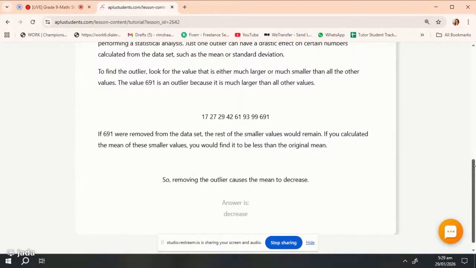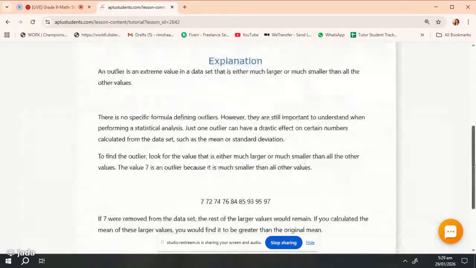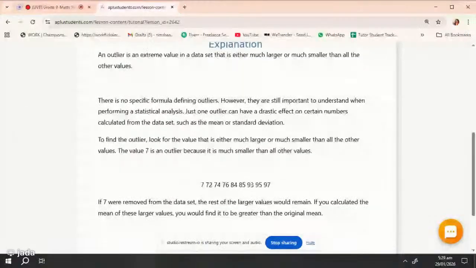Let's solve one: decrease or increase? Write it. 7, 72... What is the outlier? First of all, tell me: is it 7 or 97? Everyone tell me.